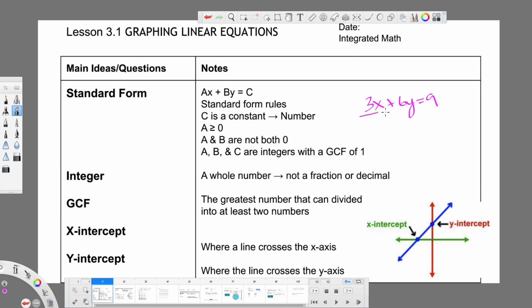What I would do is divide literally everything by 3: 3x divided by 3 is 1x, 6y divided by 3 is 2y, and 9 divided by 3 is 3. I would reduce it down so that it has a greatest common factor of 1 now. That is what this means: we don't want anything where the numbers are all divisible by the same number bigger than 1.